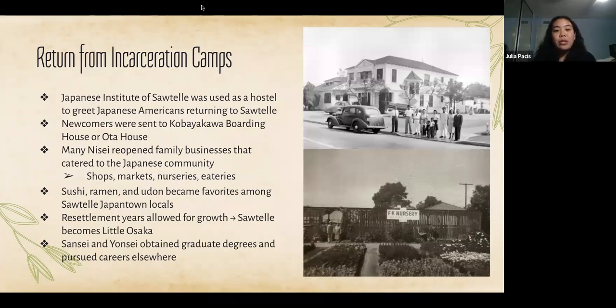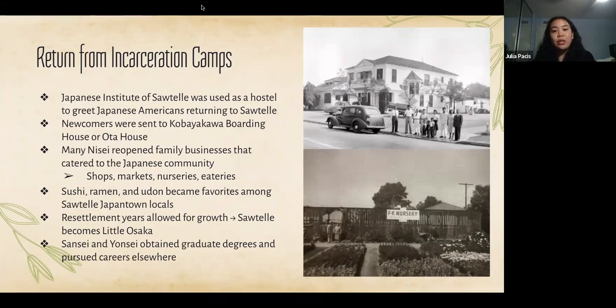So after returning home from the incarceration camps, the Japanese Institute of Sawtelle was given back to the community by the American Red Cross and was used as a hostel to greet Japanese Americans returning to the area. Newcomers were sent to the Kobayakawa boarding house or the Ota house.